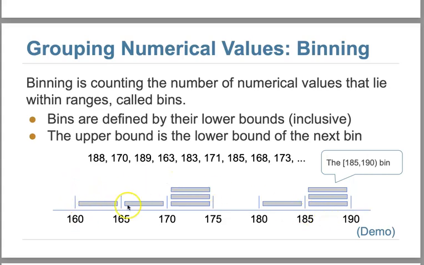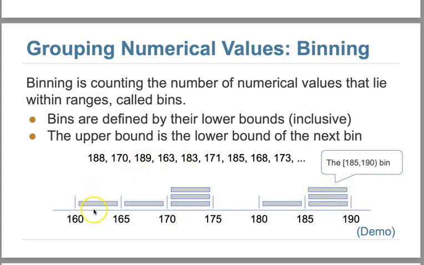Each group includes the lower bound. For example, in this one you include 160, but not 165. So we can do it one by one. 188 is between 185 and 190. 170, because we include the lower bound, will be in this group. 189 goes here.